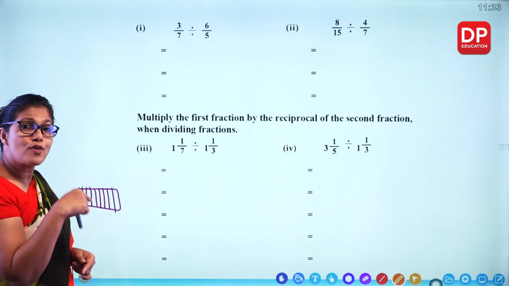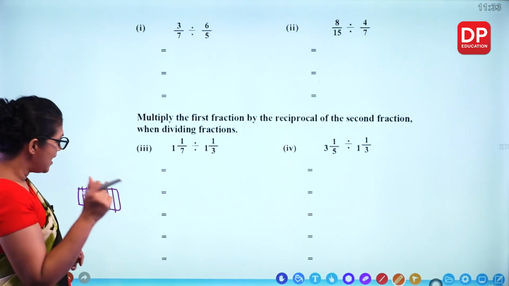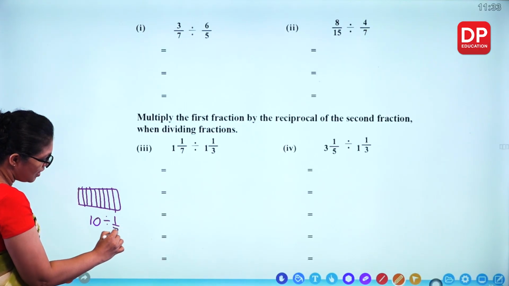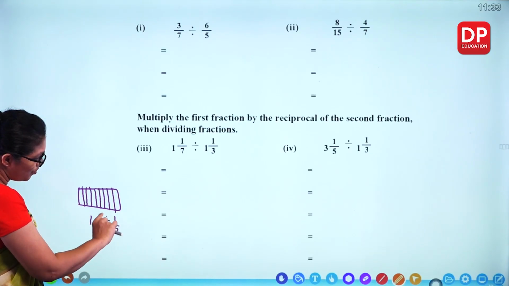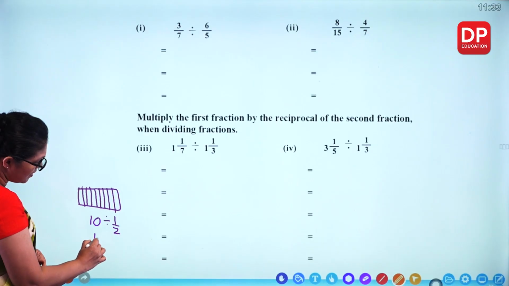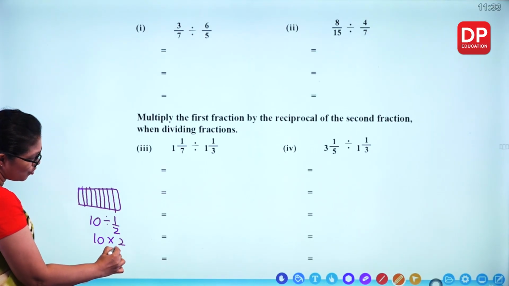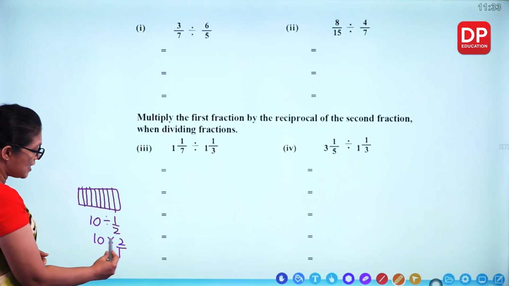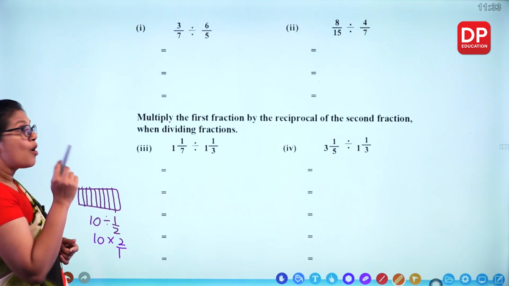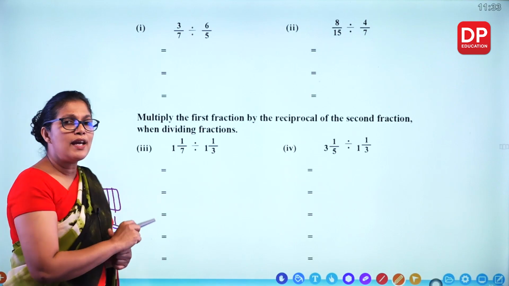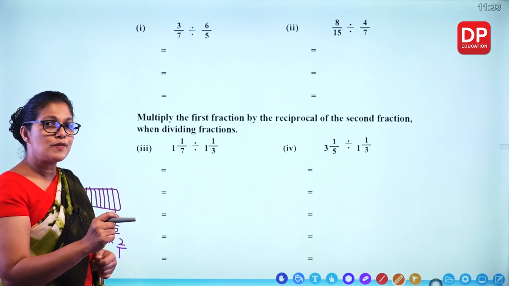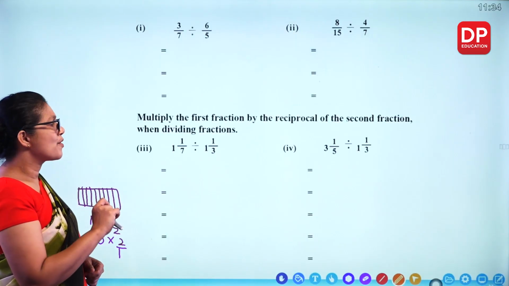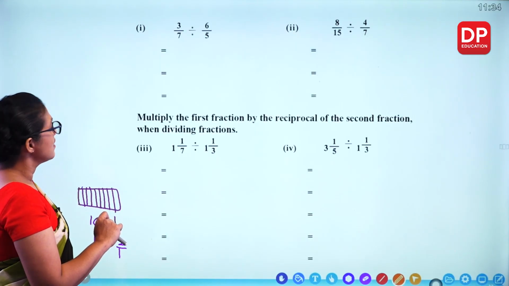So how do you get 20? 10 divided by half. When you take the reciprocal, you get 2 over 1. So 10 times 2 is 20. So actually, dividing fractions means multiplying by the reciprocal of that fraction.